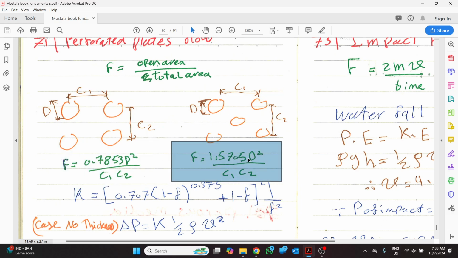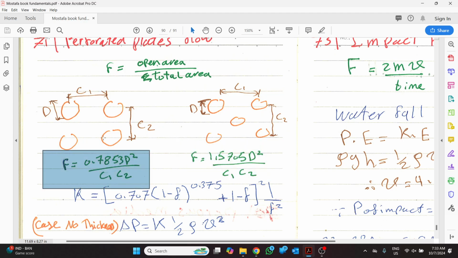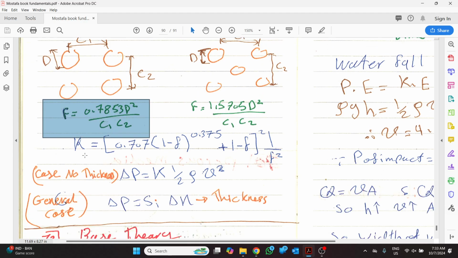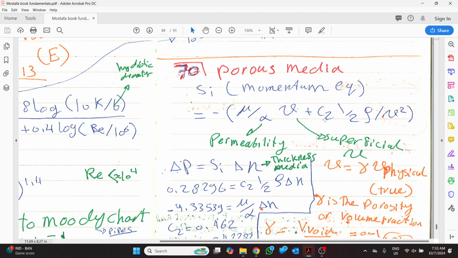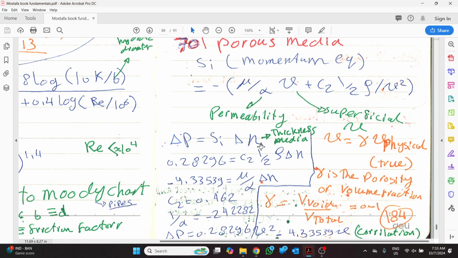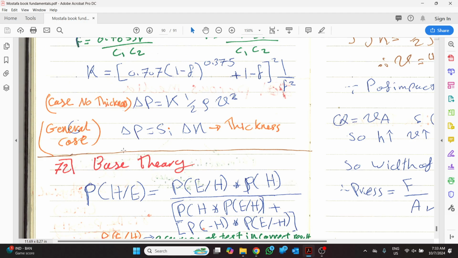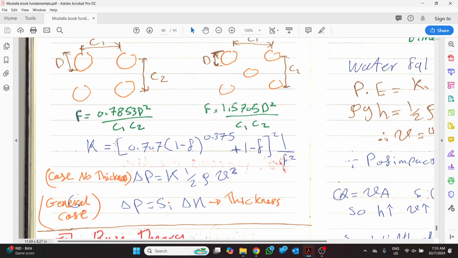If you have this arrangement, then we calculate K. K is the coefficient of the pressure loss. K is equivalent to C2; some textbooks write C2, some write K, but both are the same.